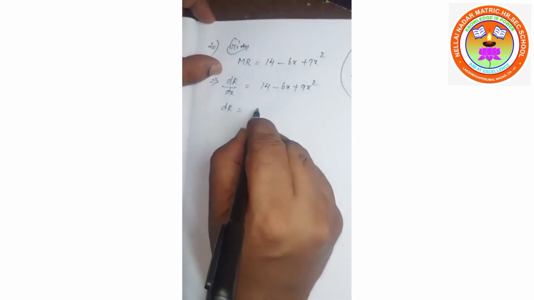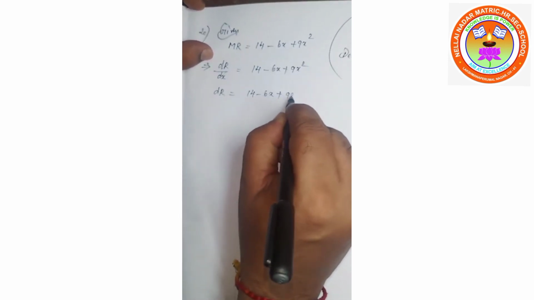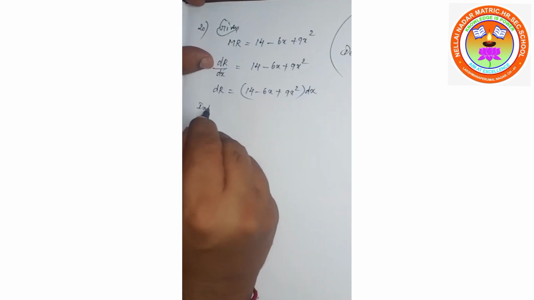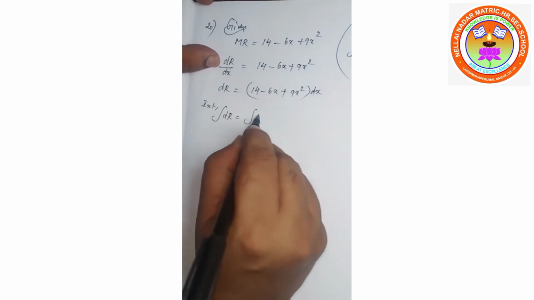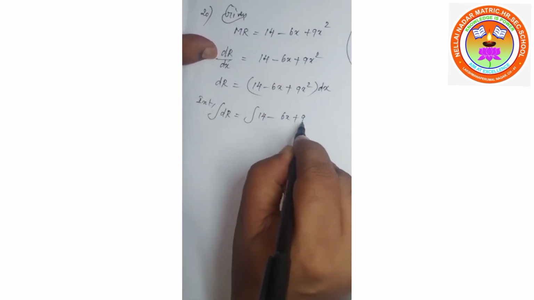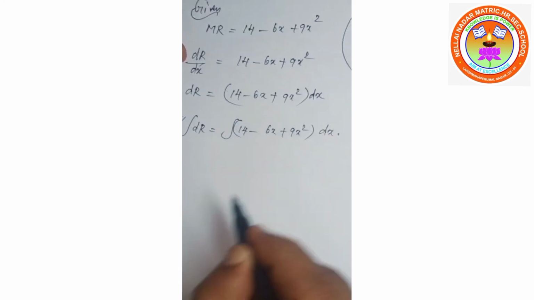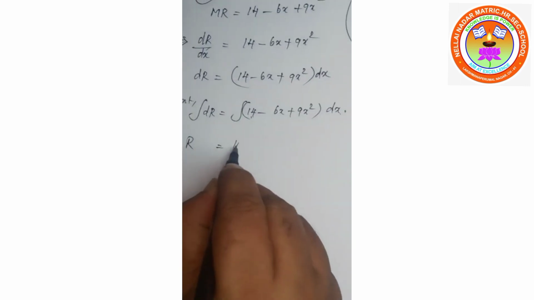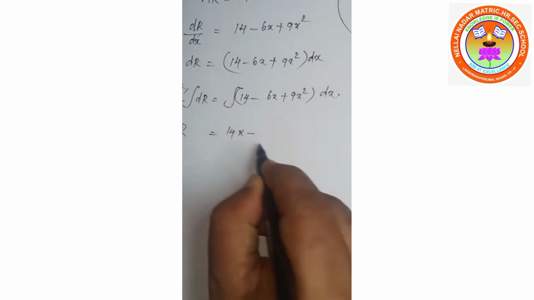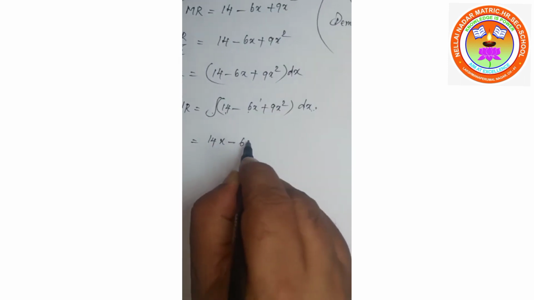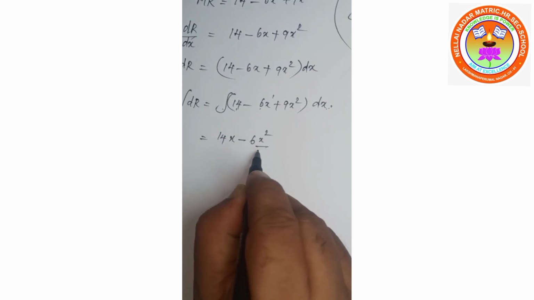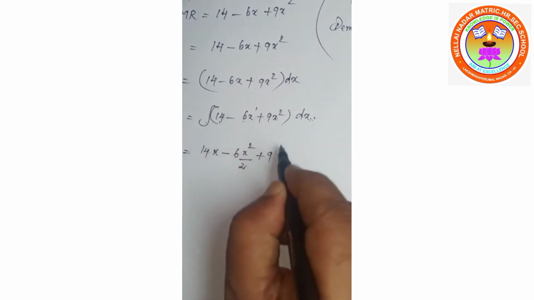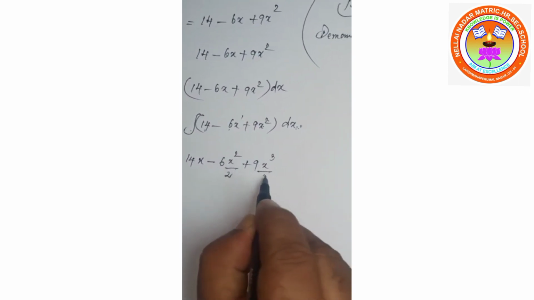dR, let us cross multiply: 14 minus 6x plus 9x squared into dx. Variables are separated. Now we have to integrate on both sides. Integral dR equals integral of 14 minus 6x plus 9x squared into dx. Integral dR equals R. 14 into dx integration, 14 as it is, integral dx is x, minus 6 as it is, x power 1 integration, x power 1 plus 1, that is 2, divided by 2, plus 9 constant, x squared dx integration, x power 2 plus 1, that is 3, divided by 3.